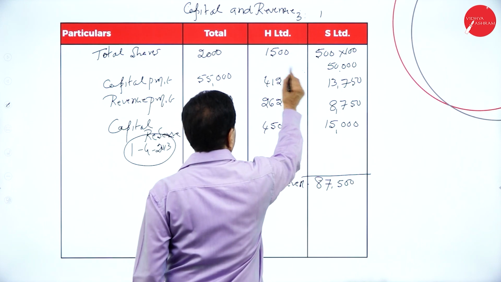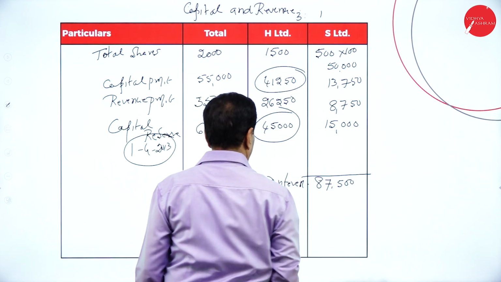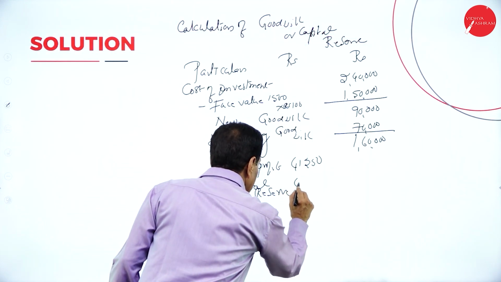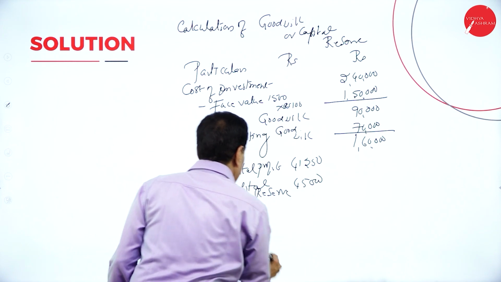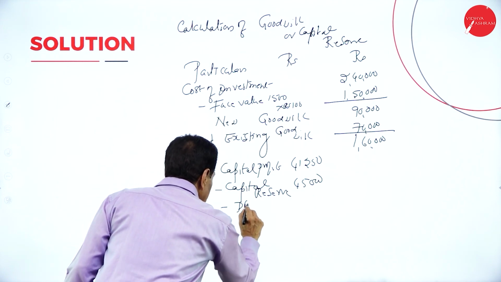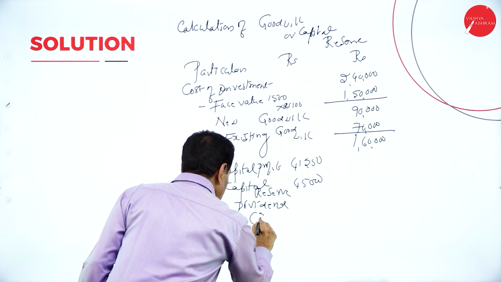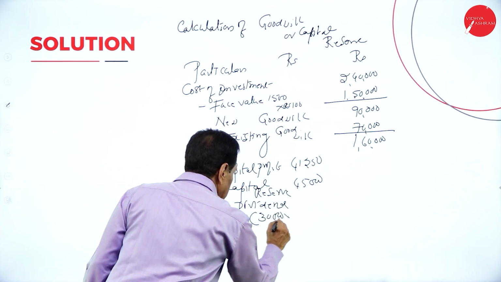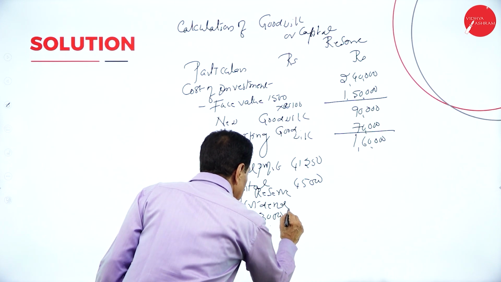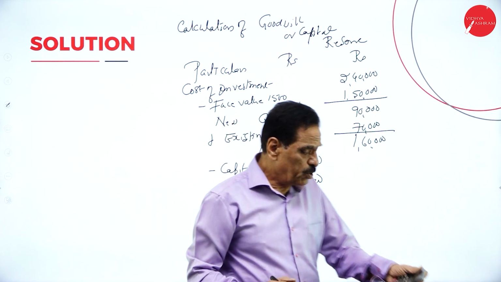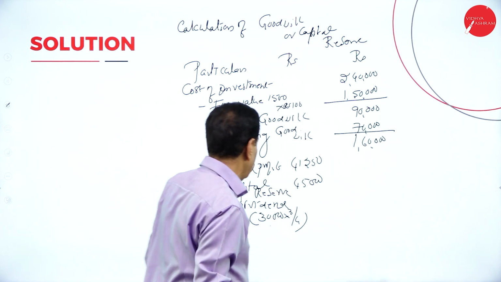41,250 minus capital reserve. See that, capital reserve is 45,000, minus dividend, 30,000 into 3/4, so 22,500.